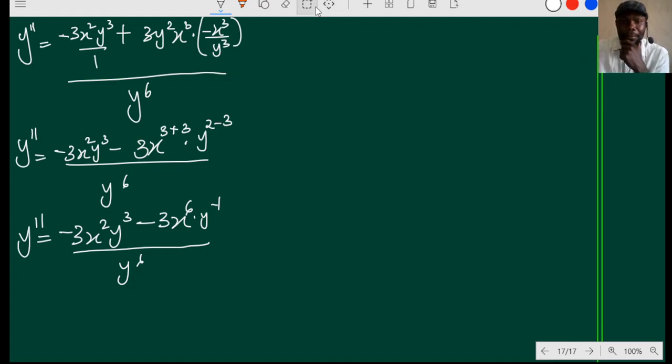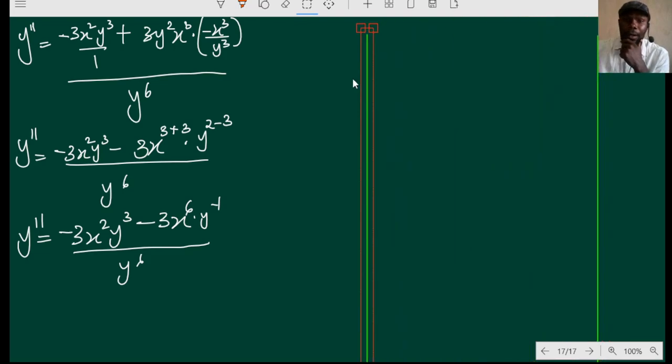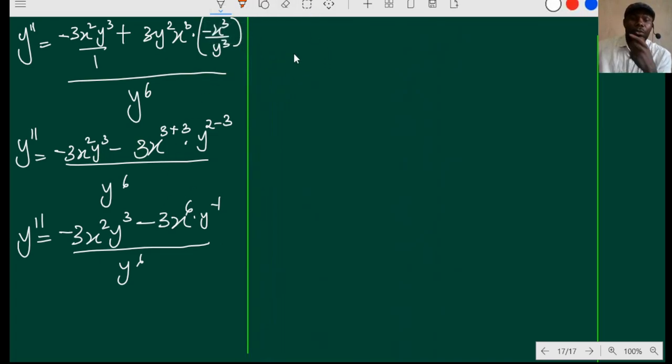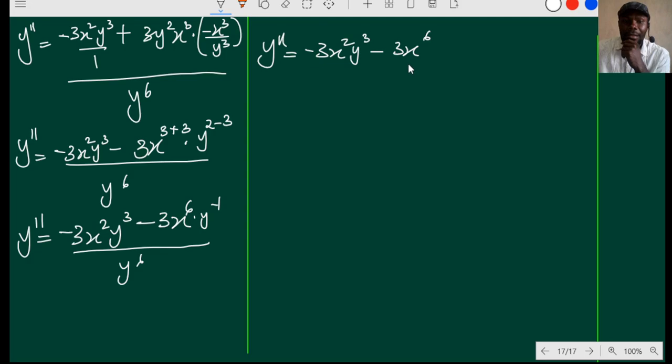So therefore, we now have y second prime minus 3x squared y cubed minus 3x raised to power 6 over y, all over y to the power 6.